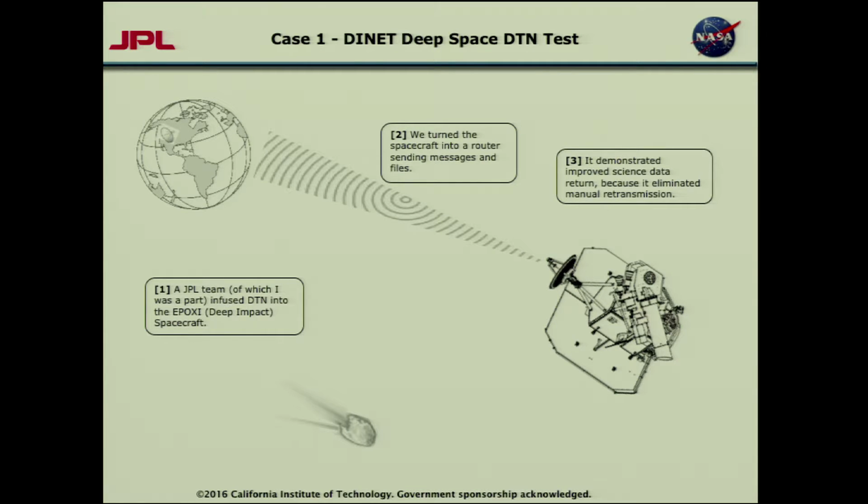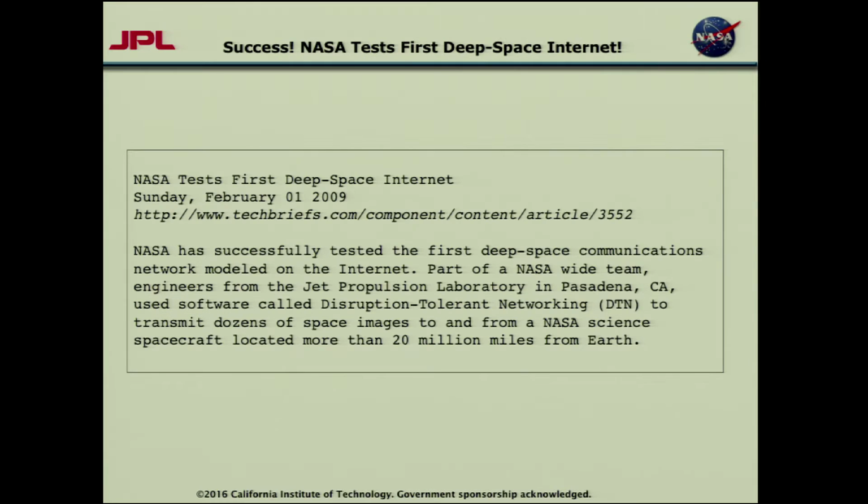And we had a simulated rover on Phobos that we were sending information to, and we demonstrated improved science and data return because the mission people actually started using this as well. There was a little press release.